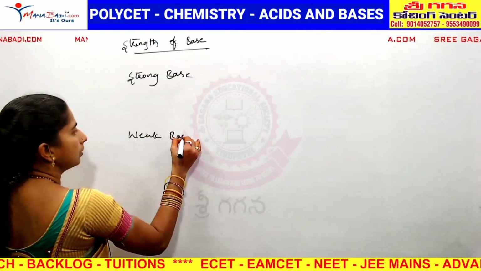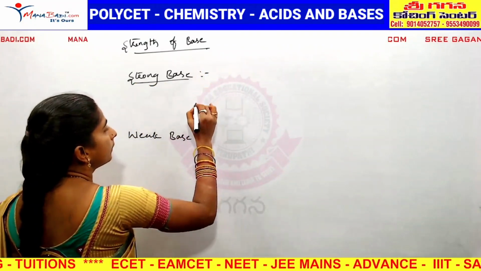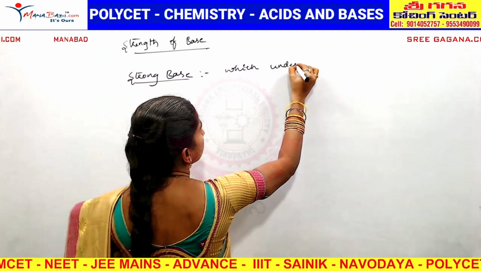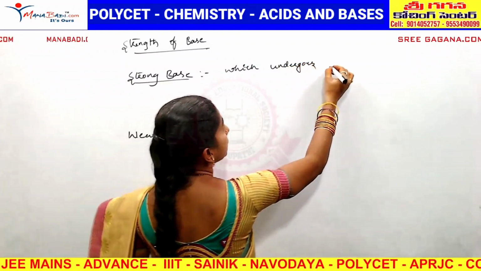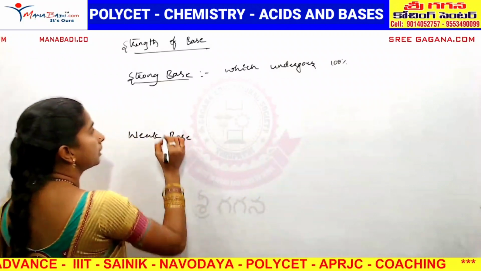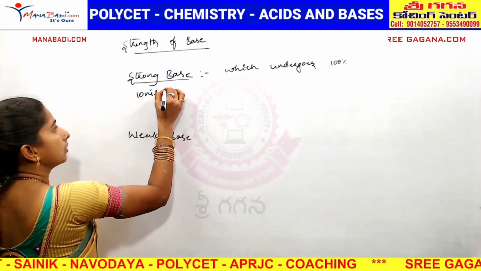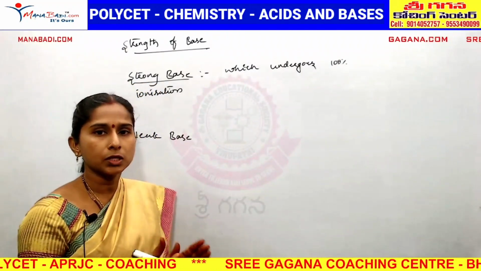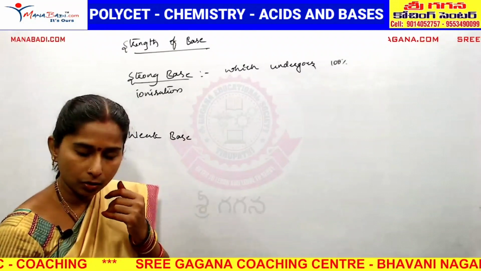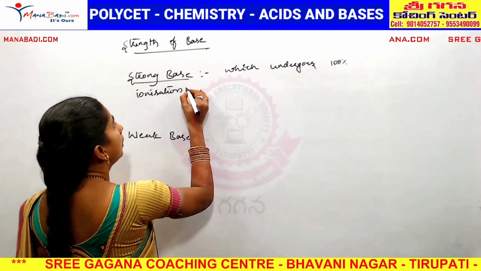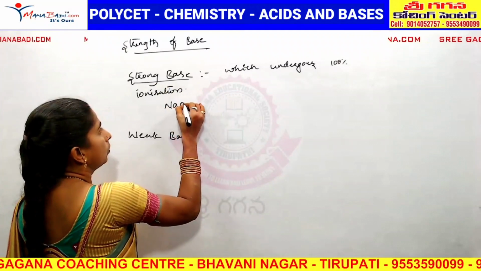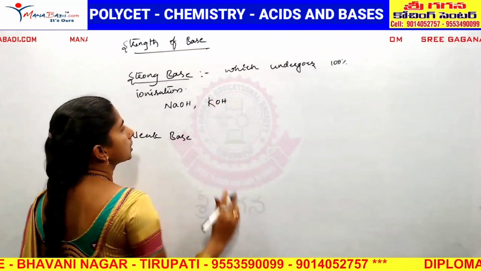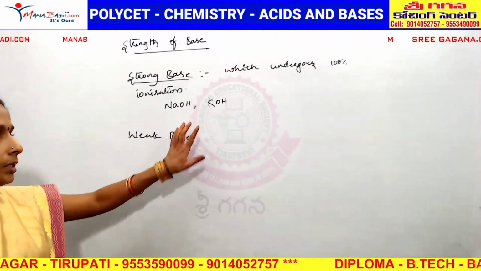A strong base is one which undergoes 100% ionization. 100% ionization means it is able to release all OH minus ions. Whatever amount of base we take, all of it can release. For example, strong bases: NaOH, KOH, potassium hydroxide.